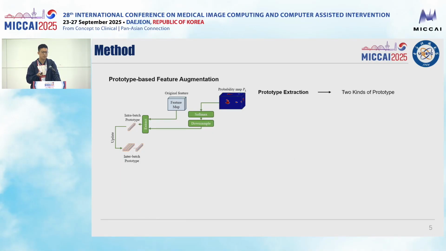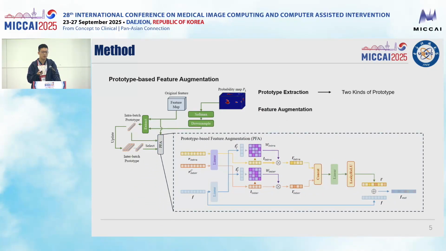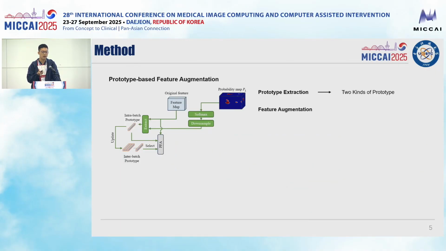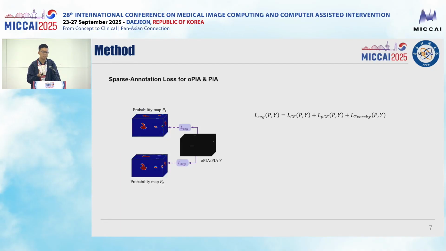After the prototype extraction, we get two kinds of prototypes, and we utilize them simultaneously in the prototype-based feature augmentation module. It's an attention-based module. After we get a refined version of the feature map and decode it again with the same decoder, we get two predicted probability maps.